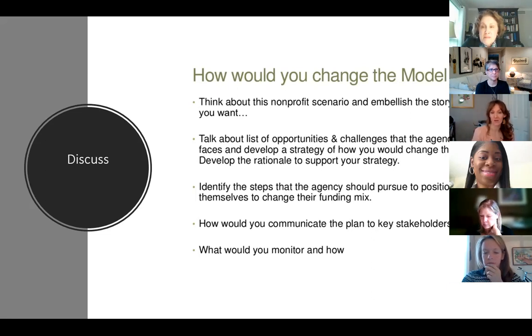Because I think we all agree that we need to shift the model to include more individual gifts and more foundation gifts, as well as more fee-based gifts, from that sliding scale model. And we need to have the staff to support those changes.